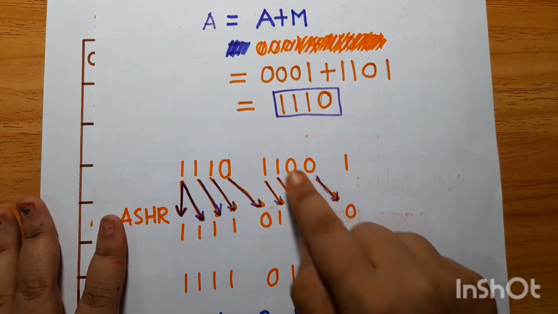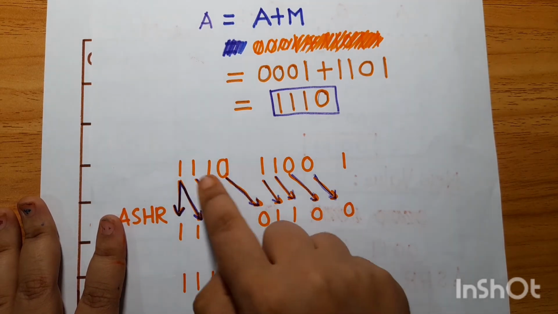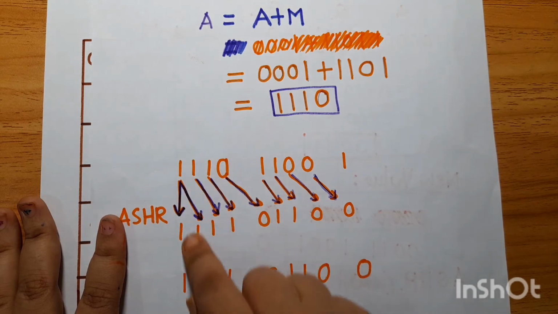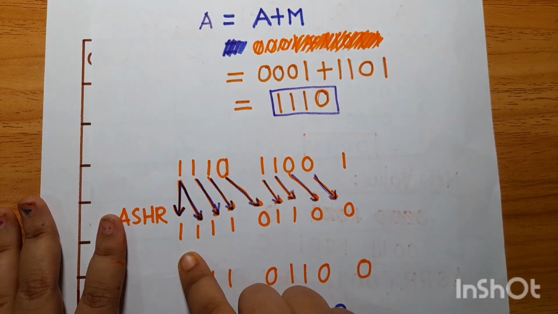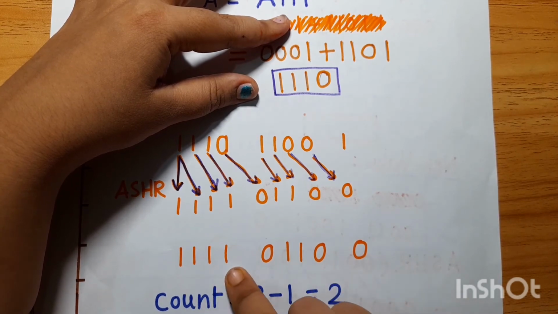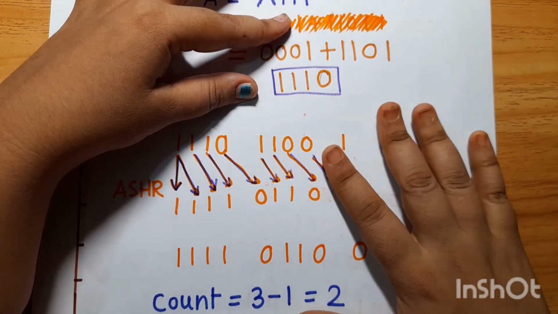So 0 0 1 1 0 1 1 1, and this one is the same as 1 because it will contain the MSB of A. Okay, so the updated value of A and Q minus 1 is all 4 ones, 0 1 1 0 0. Count equal to 3 minus 1 equal to 2.